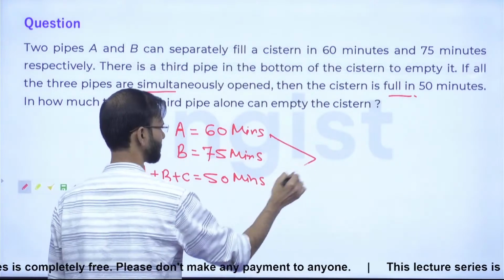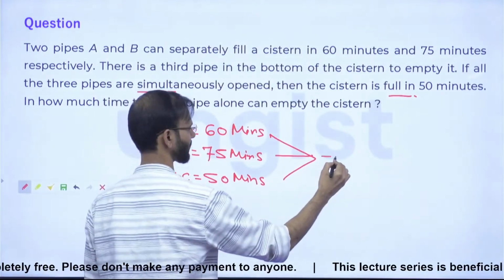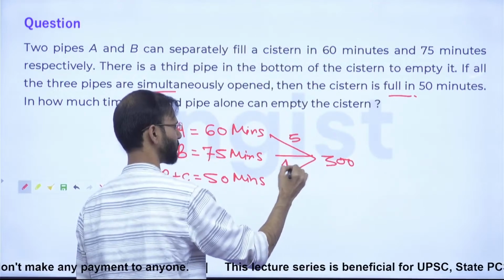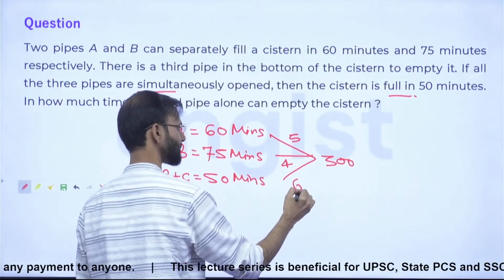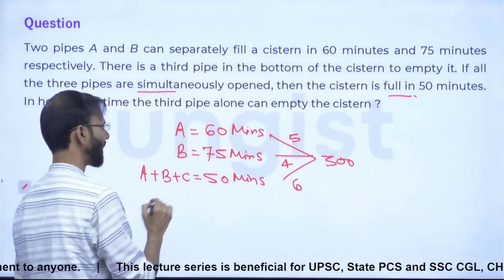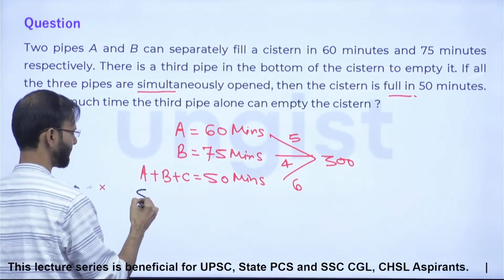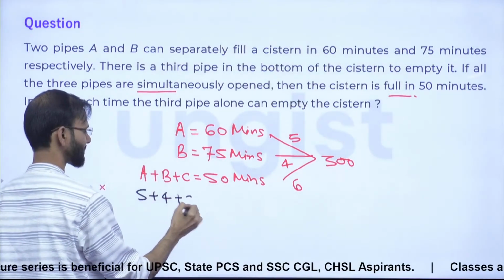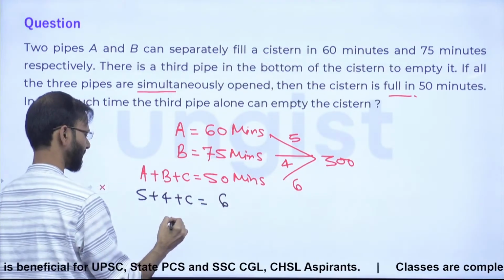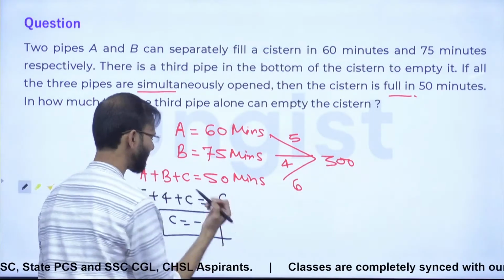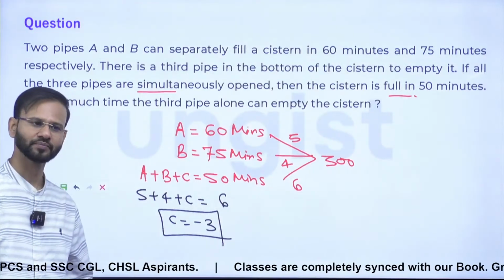What is the LCM? 300. So this is 5, this is 4, and this is 6. I'm just putting the value here itself, like I have done in the last question. So 5 plus 4 plus C is equal to 6. Then C is equal to minus 3, right? Then this is 300 divided by 3. This is 100 minutes. All right?